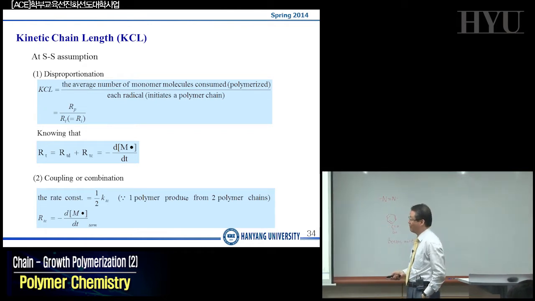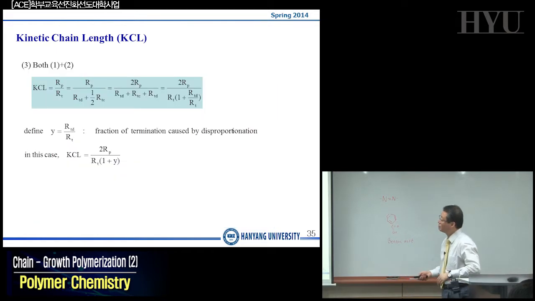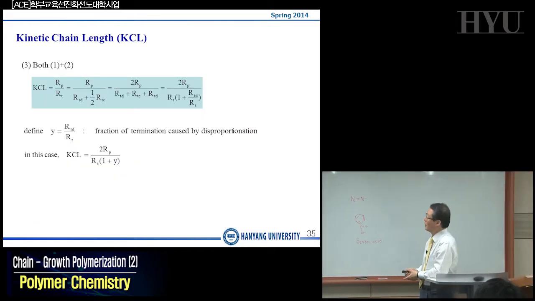Okay? So Rtc and Rtd could be described as Rp divided by Rt, and Rt is Rtd plus half of this Rtc. And you can manipulate this equation so that it will be rearranged to become 2Rp divided by Rt times 1 plus Rtd divided by Rt.